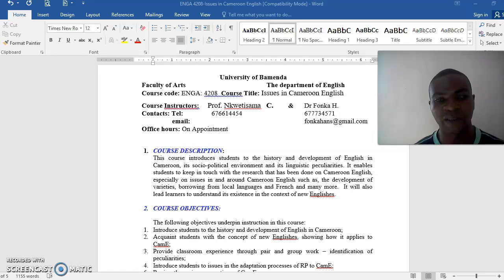The course will enable you to keep in touch with the research in this area. What are people doing as far as Cameroon English is concerned? That is what you will also want to know at the end of this course, and so many other things that I would like you to read in the course description, which I've already posted to you. You can already read it.